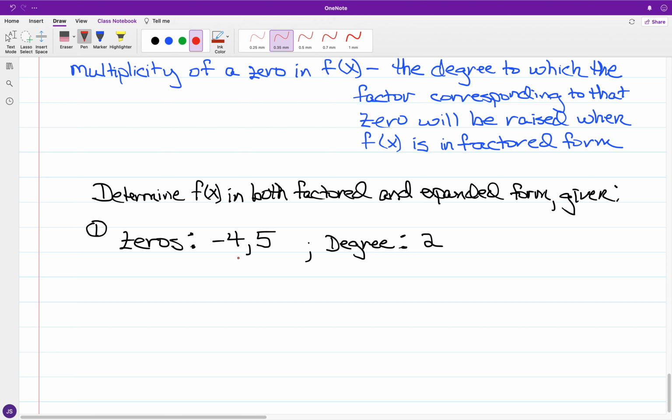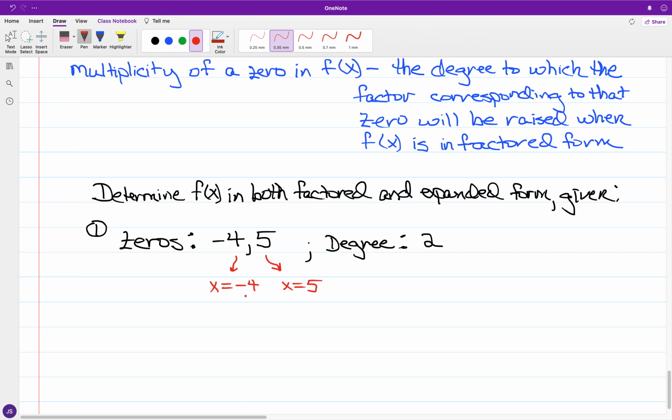Okay. All right, and just for the setup, you got your zeros at -4 and 5, and think of this as taking the zero product property and working in reverse. Say if you have x is equal to -4, and x is equal to 5, think of it like working backwards.